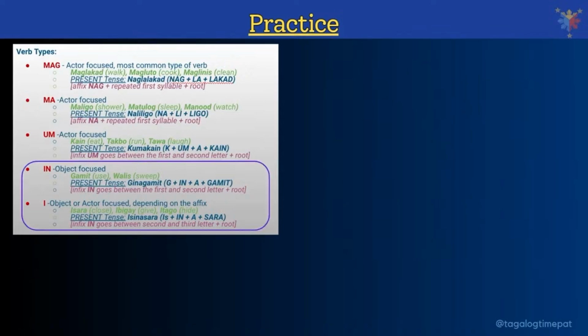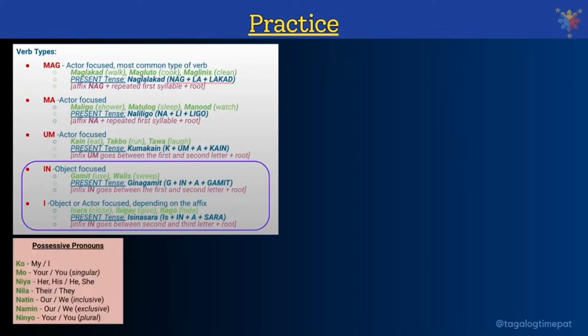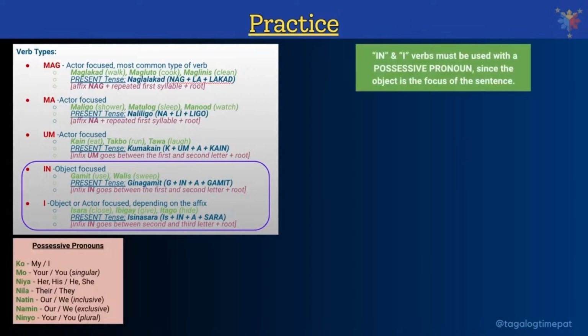However, if you want to use an in or e verb, now you have to actually use a possessive pronoun. And the idea here is that for in or e verbs, since the object is the focus of the sentence, it's almost like you are in possession of that object, so you have to use these possessive pronouns.